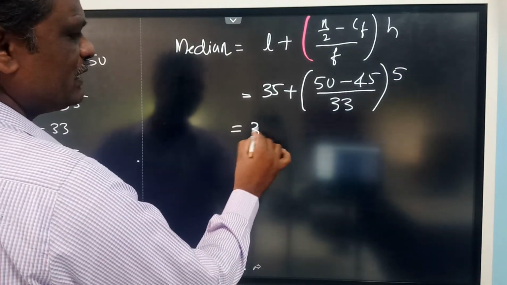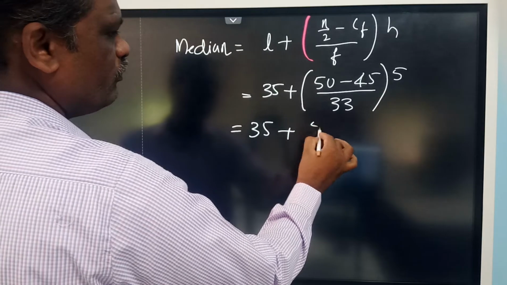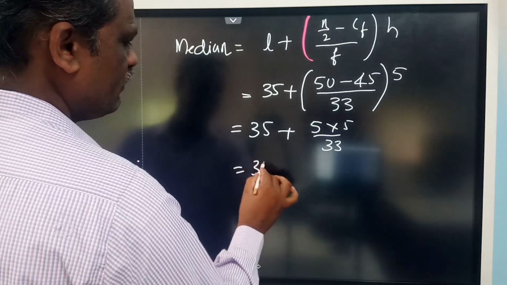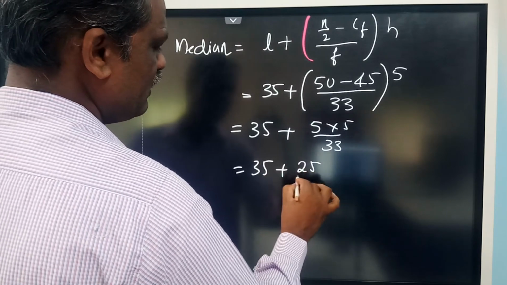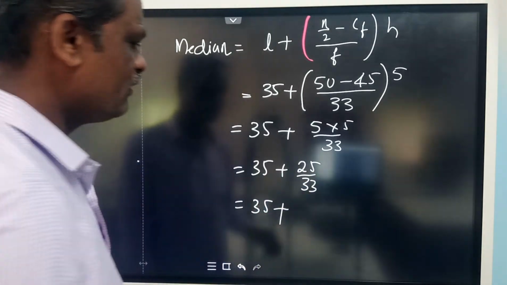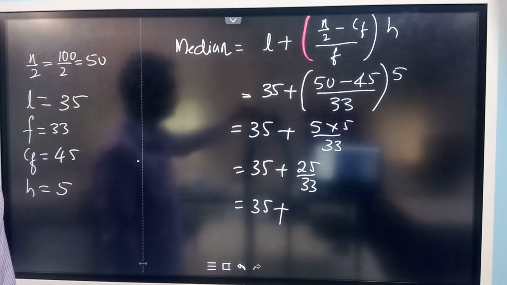So now simplify: 35 plus 5 into 5 by 33, so 35 plus 25 by 33. Simplify this 25 divided by 33, keep it in decimal form.